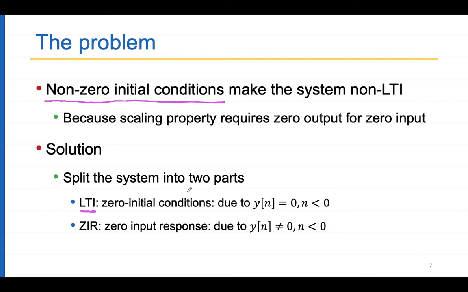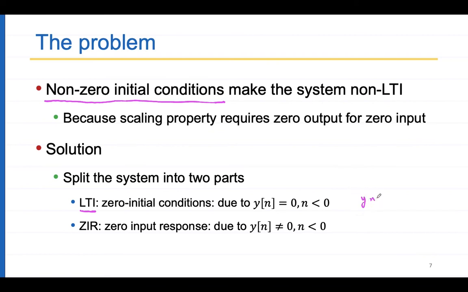And the other part of the system is the response because of non-zero initial conditions, where I consider my input to be 0, so basically the response of the system to the non-zero initial conditions.